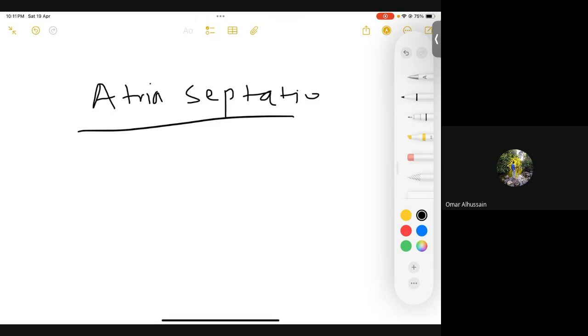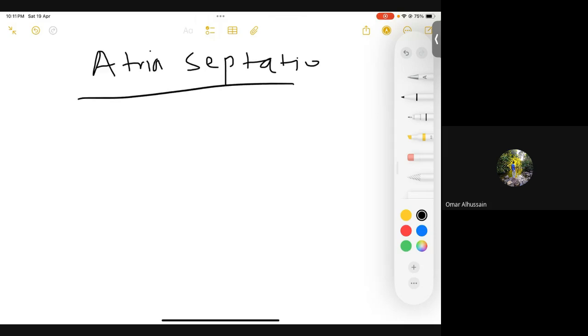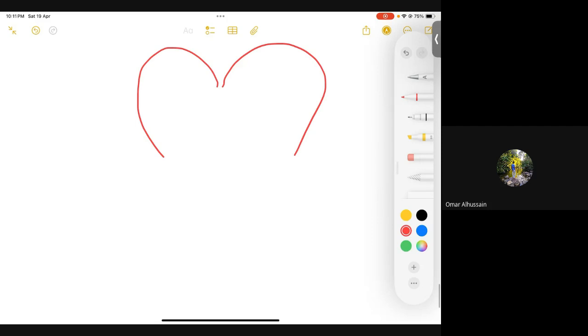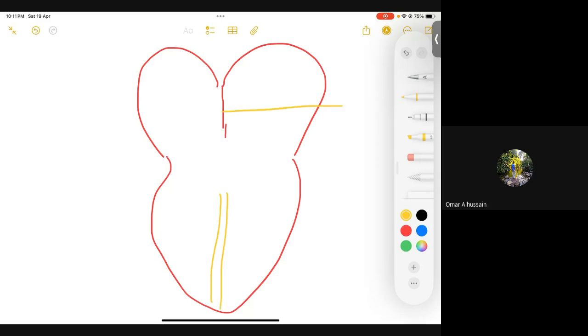How does that septum develop? That is our topic for today. For example, if this is your heart, these are your atria and these are your ventricles. In between your atria you have a septum, and in between your ventricles you also have a septum. This is known as the interatrial septum, and this is your interventricular septum.